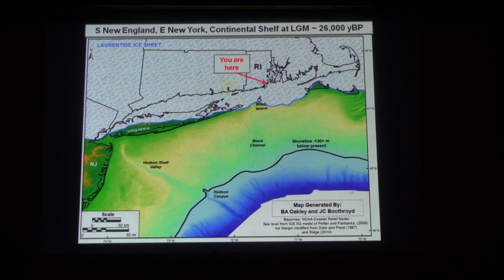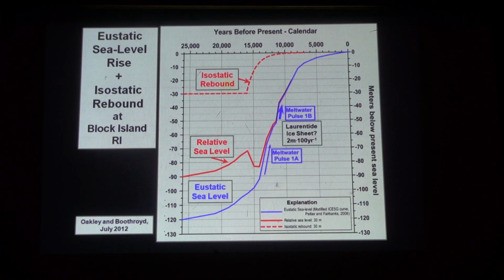And I'll see if I can illustrate that. This is just to show you. Here's the edge of the ice sheet, 26,000 years ago. So you'd be under a few hundred meters of ice. The shoreline was way out here, down 120 meters, and so this was all open plain. Then the ice melted, and when you add water back to the ocean, it's called eustatic sea level rise.